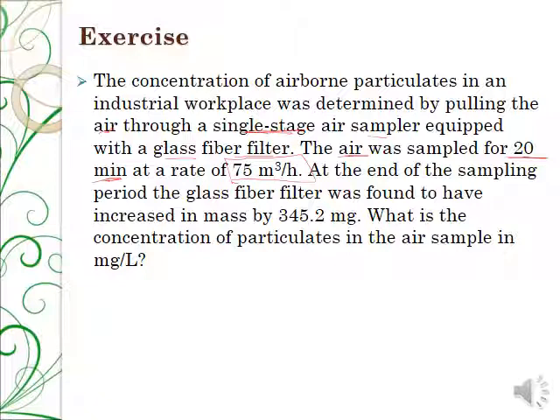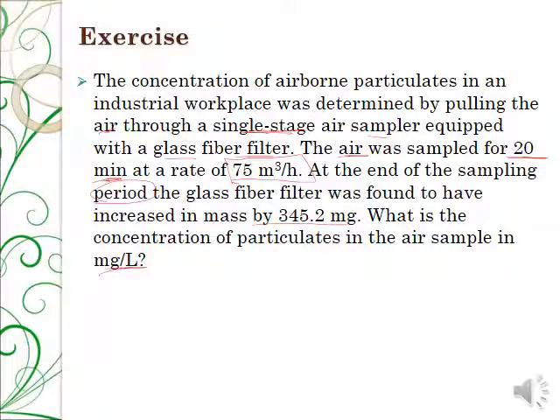At the end of the sampling period, the glass fiber filter was found to have increased in mass by 345.2 milligram. So what is the concentration of particulate in the air sample in milligram per liter?